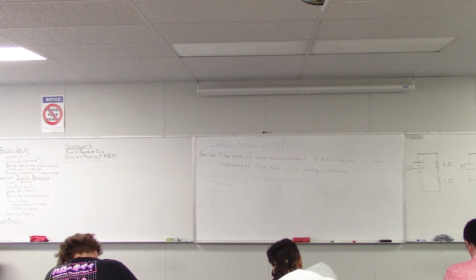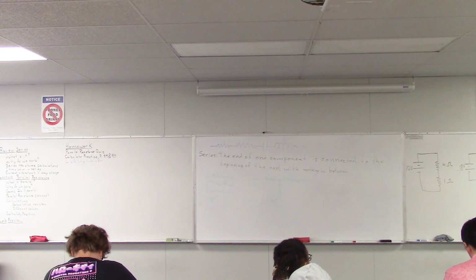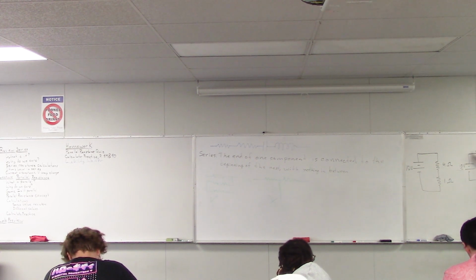So we write down I equals, we cover that up, and we see that it's V over R. So that is 10 volts over 5 ohms. So that comes out to be what? 2 amps, perfect. All right, so we have 2 amps flowing through our circuit here.